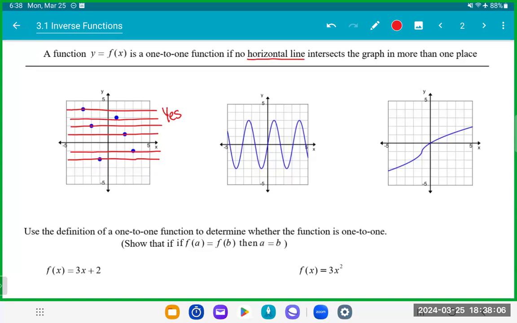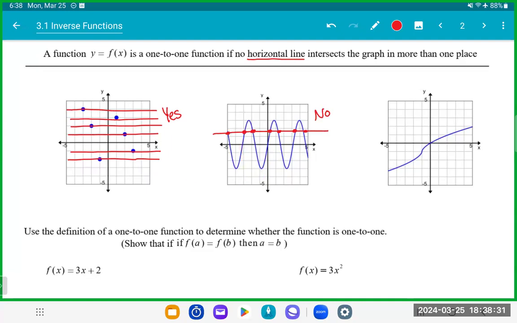Whereas with this next graph, if we draw one line here, we can see the line we drew intersected our graph in 7 locations. So no, even though this is a function, because if I did the vertical line test, it passes, it doesn't pass the horizontal line test.